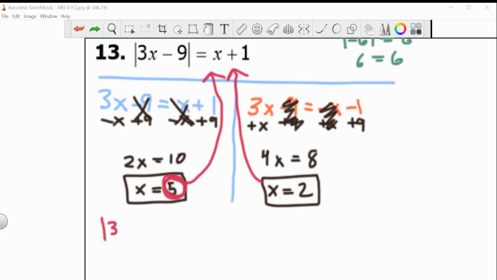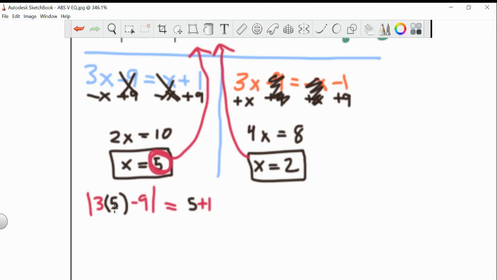So this would be 3 times 5 minus 9 is equal to 5 plus 1. So what I like to look at is this stuff here. I know that this side is going to be positive. And that is equal to a positive on this side. And so this answer works.